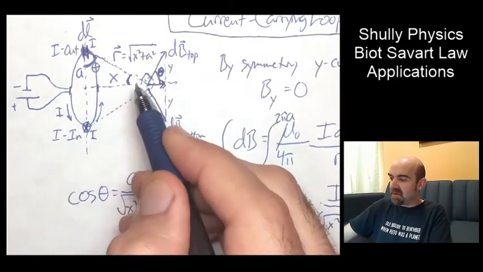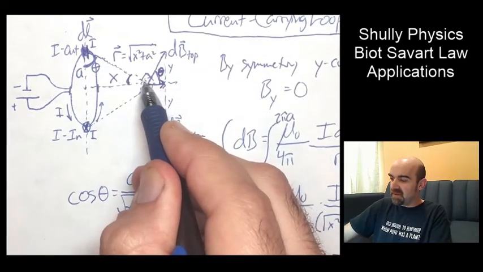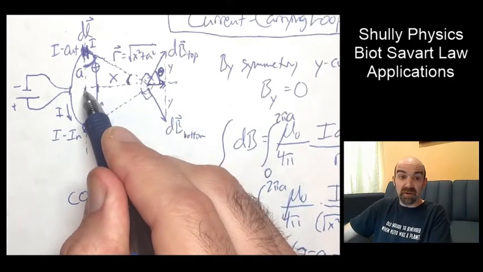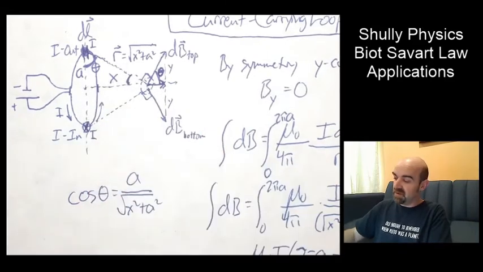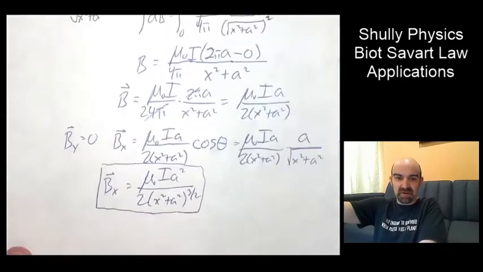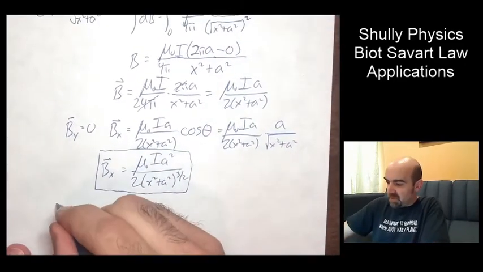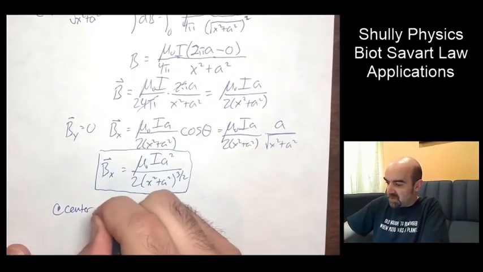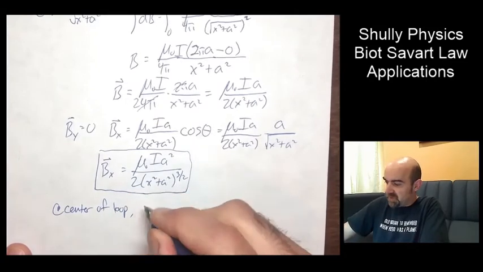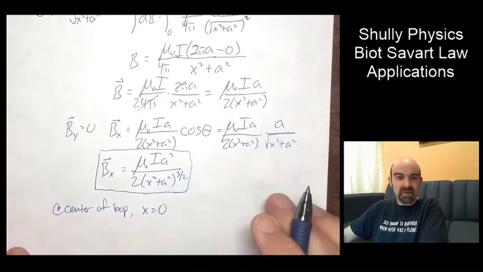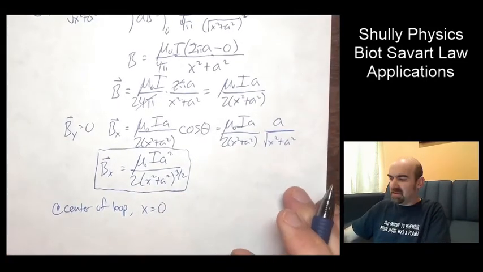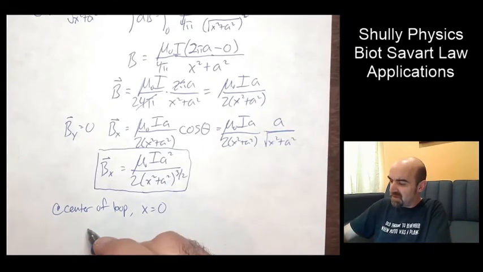So what would happen as x decreases and approaches 0, or when x becomes 0? All right, so when at the center of the loop, x is 0.